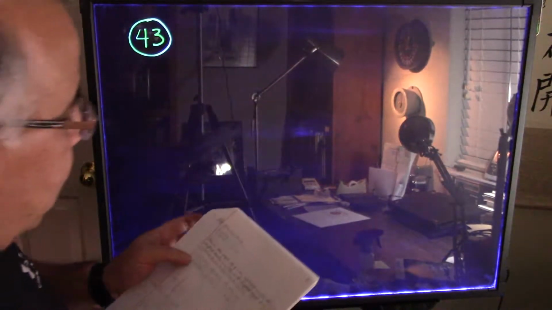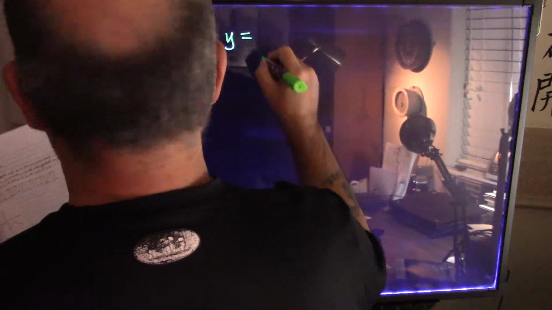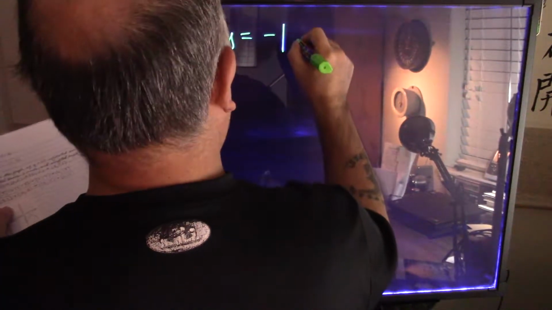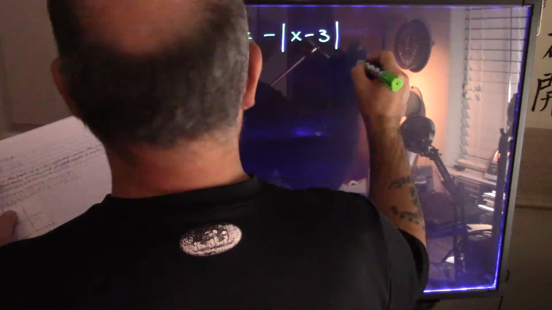Number 43. We've got y equals negative absolute value of x minus 3, minus 2.